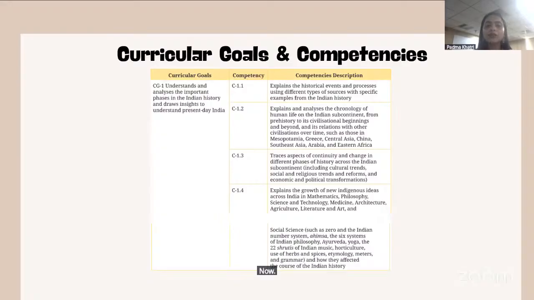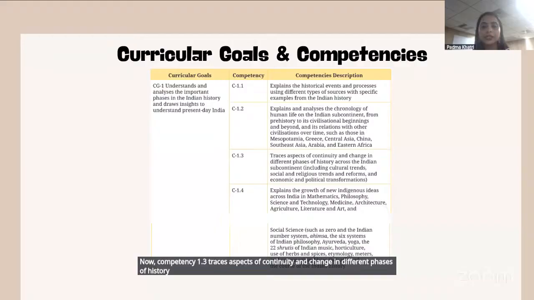Now, competency 1.3 traces aspects of continuity and change in different phases of history across the Indian subcontinent, including the cultural trends, social and religious trends, reforms, economic and political transformation.